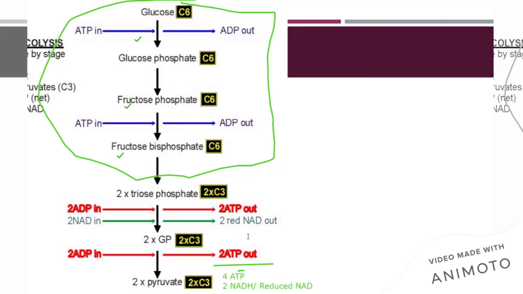You have to do your subtraction so that you can represent the net production of ATP or high energy molecule.